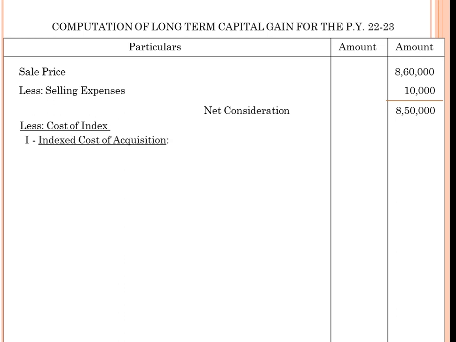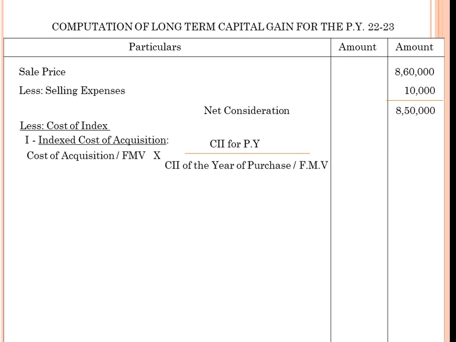Okay. Indexed cost of acquisition, and we write down the formula: cost of acquisition or fair market value into CII for the previous year divided by CII of the year of purchase or fair market value. So with the help of working note 1 and working note 2, advance money forfeited of 25,000 we deducted out of the cost of acquisition, and the balance we call 2 lakhs.